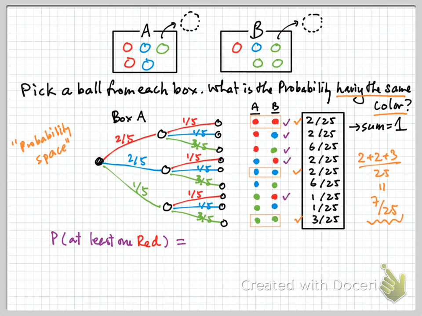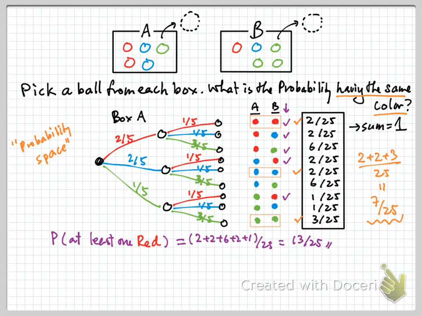Am I right? In the purple column, I am cherry picking the answers that meet the description, at least 1 red. So the answer goes to 2 and 2 and 6 and 2 and 1, all together divided by 25, so that is 13 divided by 25. This is the answer if you want the probability of at least one red.